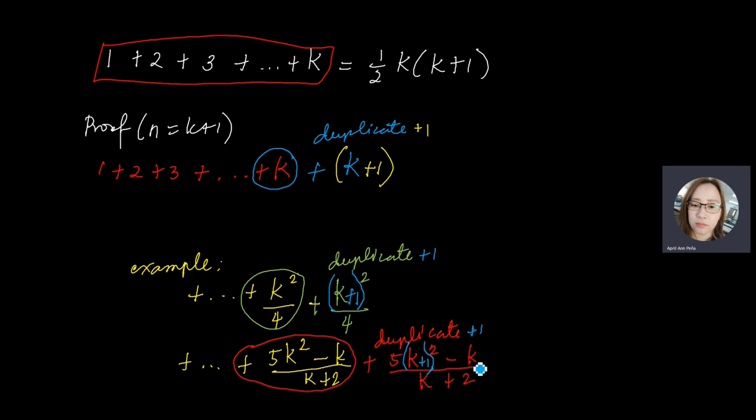In the minus k here, we'll put 1 again. You need to enclose in parentheses. Then on the denominator, the k plus 2, we'll put plus 1 on the k only. I'm just showing you examples.